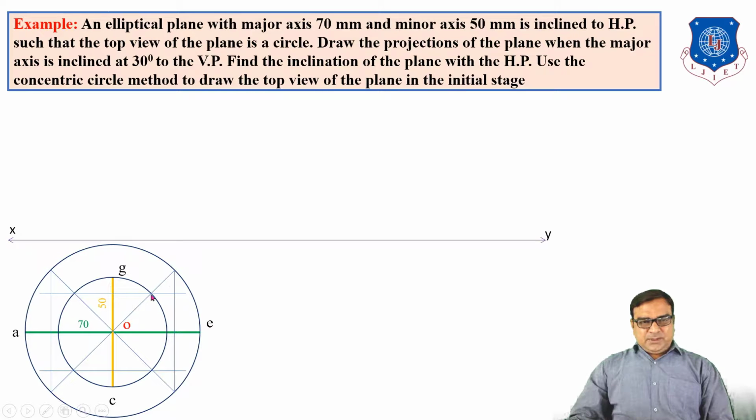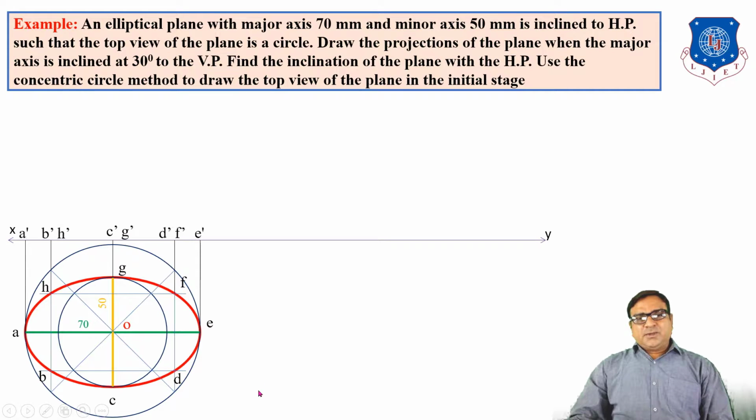From the point on the inner circle draw a horizontal line, and from the point on the outer circle a vertical line. You will get a point of the ellipse. Trace all the points and draw the curve, which is A, B, C, D, E, F, G and H. The front view of this plane is a horizontal line.